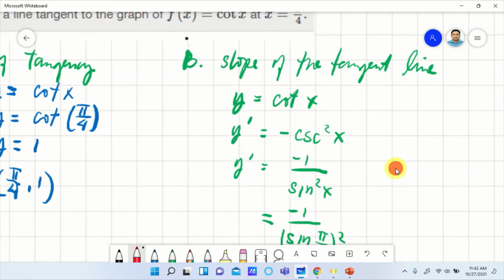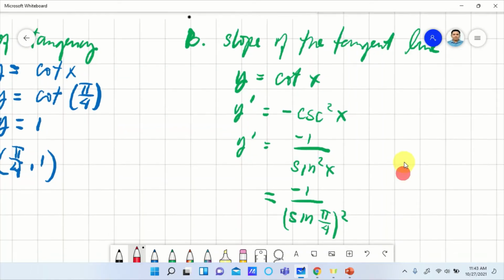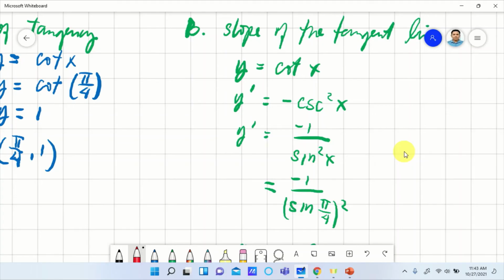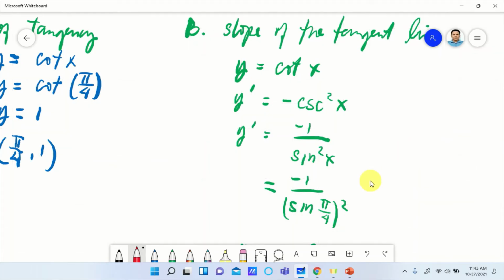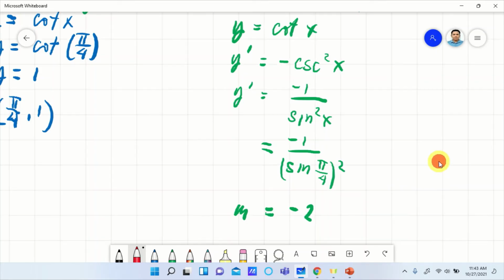Your cosecant is equal to the reciprocal of sine x, so your y prime here is negative 1 over sine x squared. Replacing x by pi all over 4, you have negative 1 all over sine of pi over 4 squared, and you will get a value of negative 2. So that's the slope of the tangent line already.